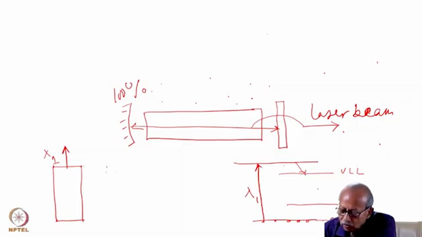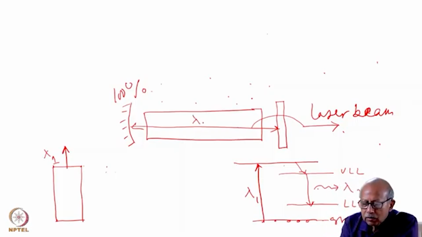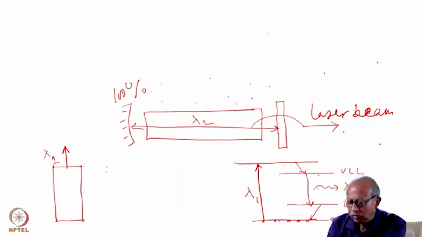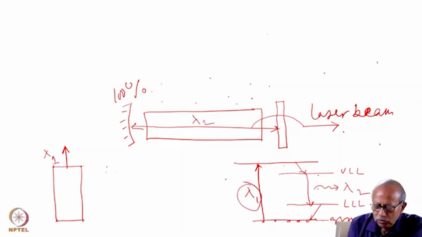So the lasing transition will occur between these two, upper laser level and lower laser level, and it gives out an emission at a wavelength lambda 2. And of course, the species, after they have made the transition from the upper laser level to the lower laser level, quickly relax to the ground level so that they are once again available to continue the lasing process.